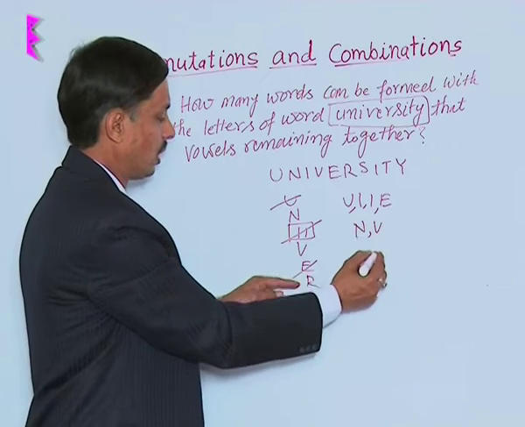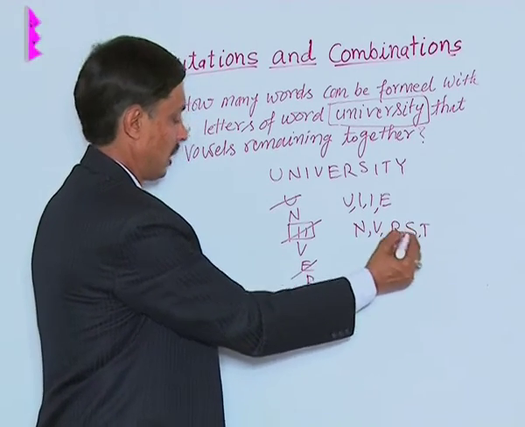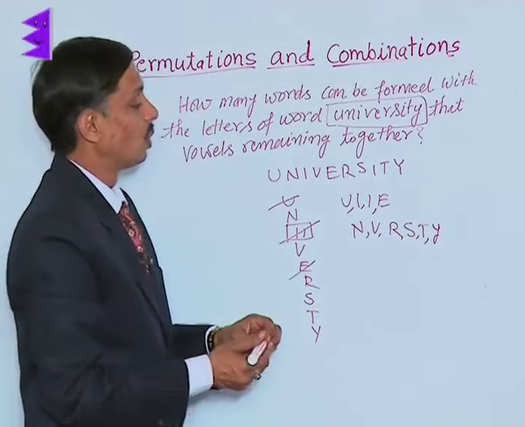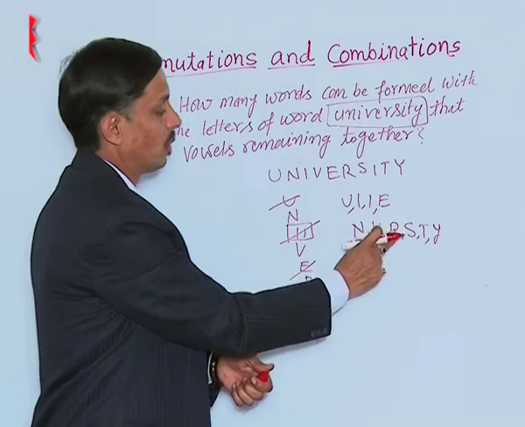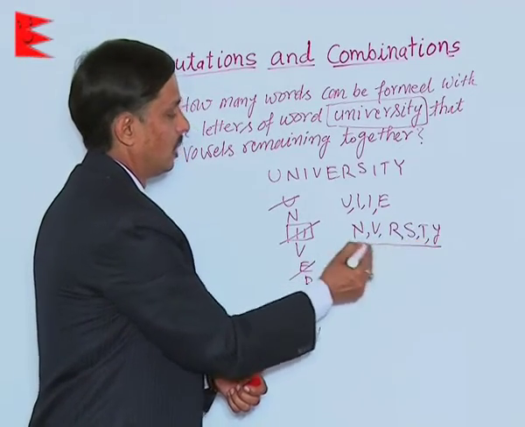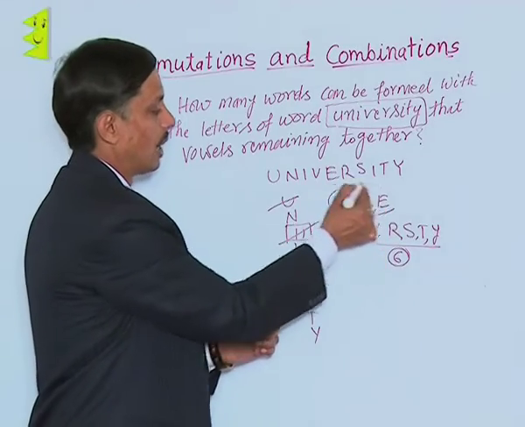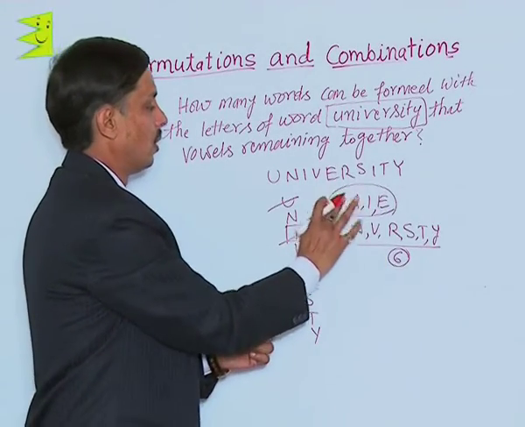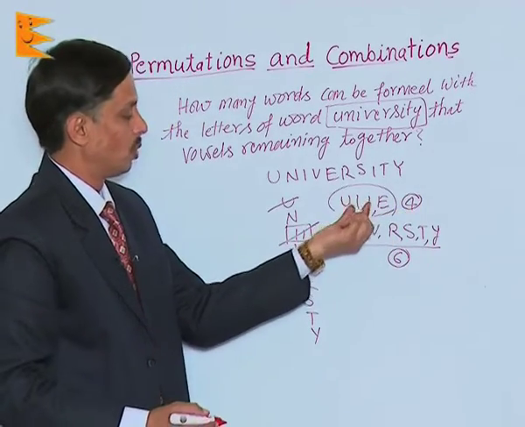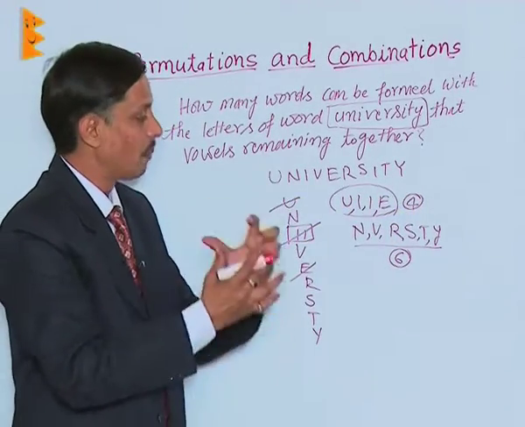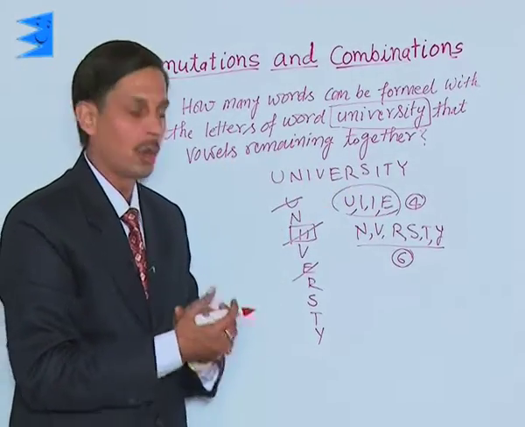N, V, then R, then S, then T, and then Y. So we have 1, 2, 3, 4, 5, 6 different consonants. And we have 4 vowels, but out of these 4, 2 are repeated. And we are bound to take all these vowels together as required in the problem.